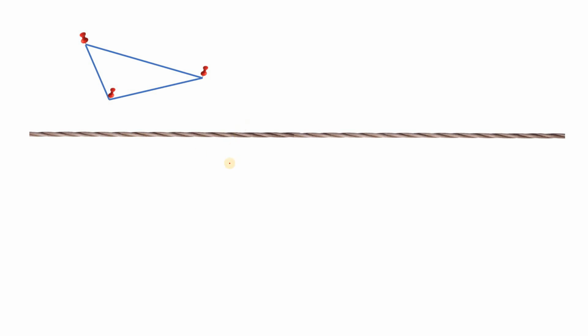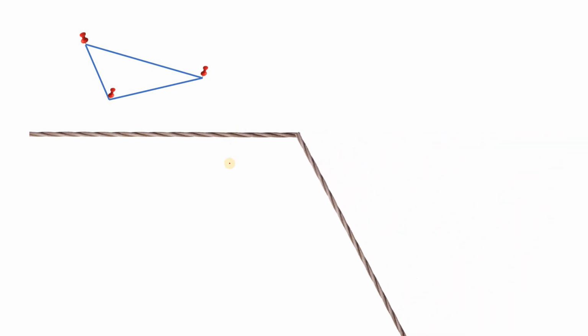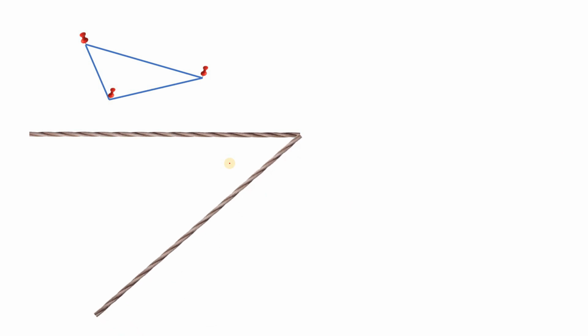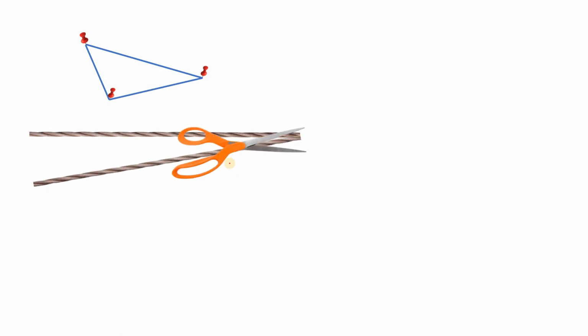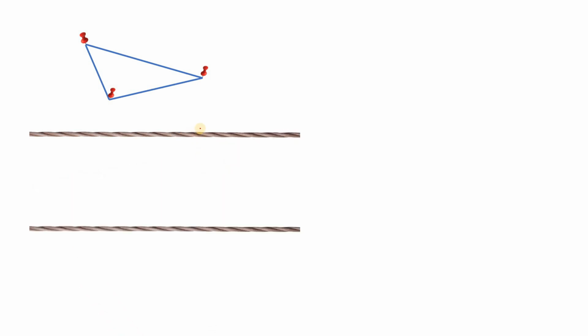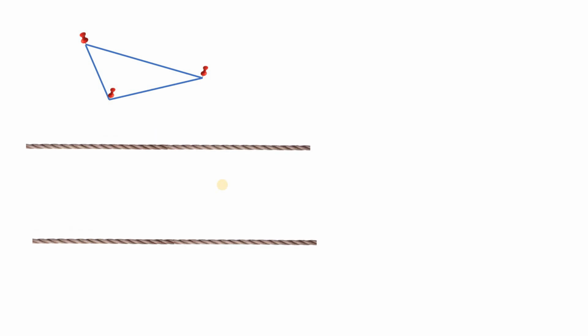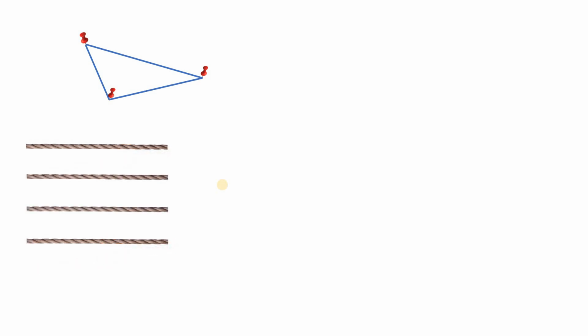Then we cut the rope into half with a scissor, and it gets divided into 2 parts. We again divide this rope into half like this. So hence there will be 4 small pieces.